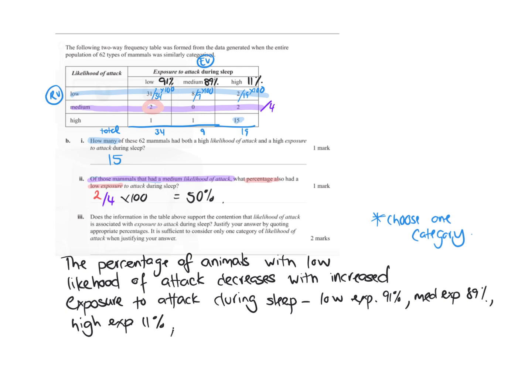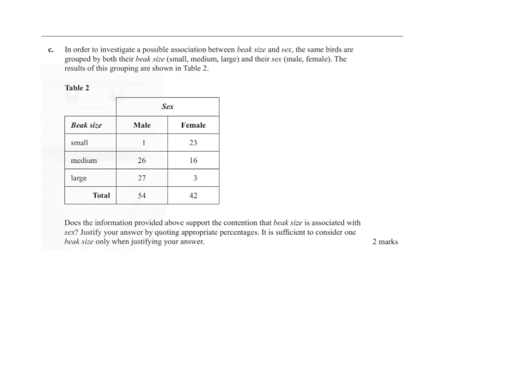So you could say this indicates an association. So you probably could just write yes and then write the percentage or whatever. This indicates an association.